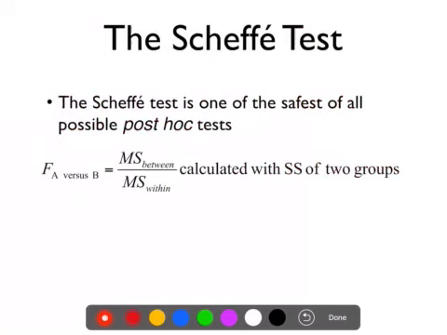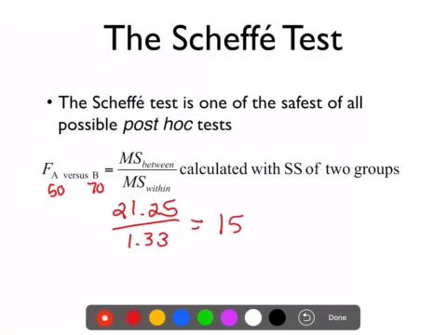Okay, so now we're going to calculate our F, A versus B. In this case, that's going to be 50 versus 70, right? Because those are the two groups that we looked at. Our new MS between was 21.25. Our old mean squared within, again, we're going to use this older value so that we're holding ourselves to this higher estimate, this better estimate of the within group variability, and we divide that out and we get 15.98.